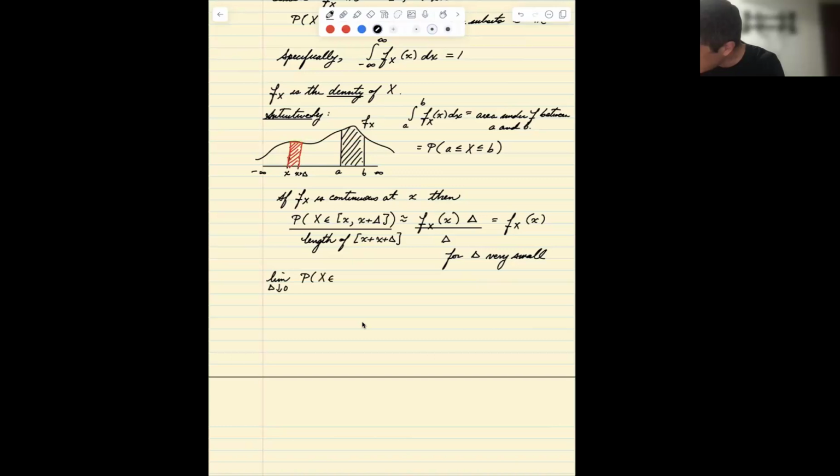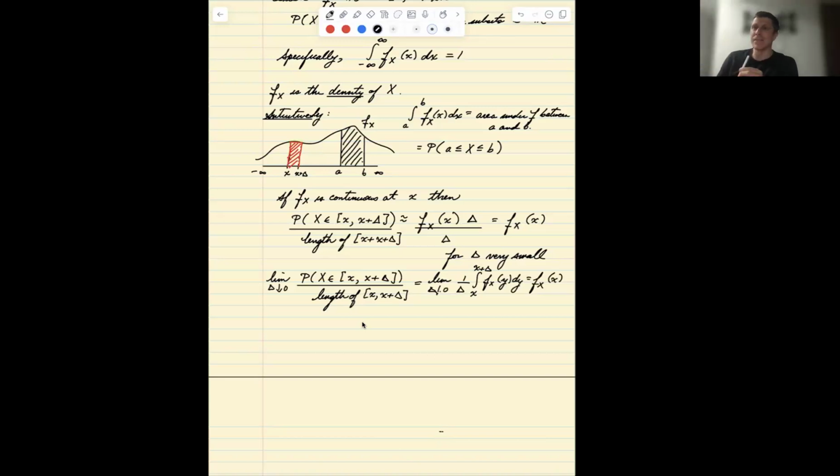And if we do that, the probability that the random variable falls really close to x per unit area of the window, which is delta, is technically the limit as delta goes to 0 of 1 over delta times the integral from x to x plus delta, which we've just shown is the density function evaluated at x.